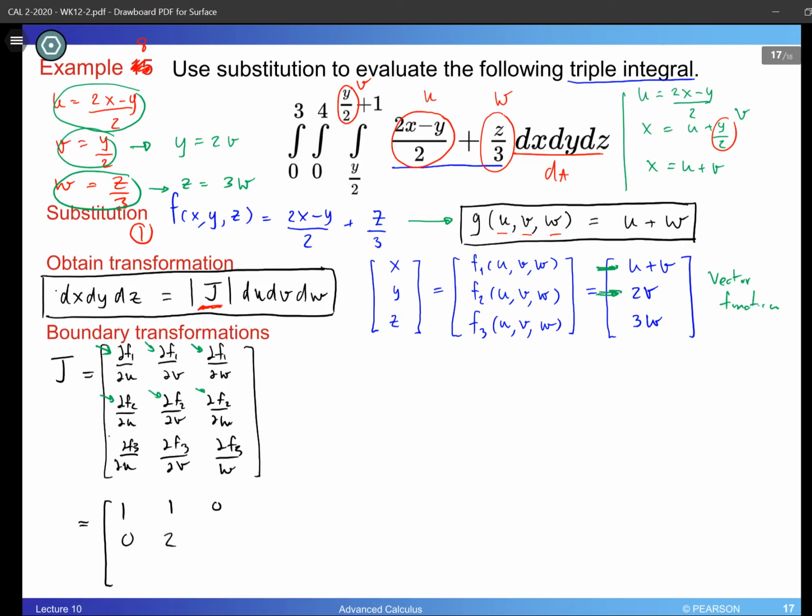No w here, of course, so that is going to be 0. Now the last one, F3. F3 with respect to u: of course, I get 0. F3 with respect to v: no v there, also 0. Now differentiate this same function with respect to w. Last one. With respect to w, we get the coefficient 3.